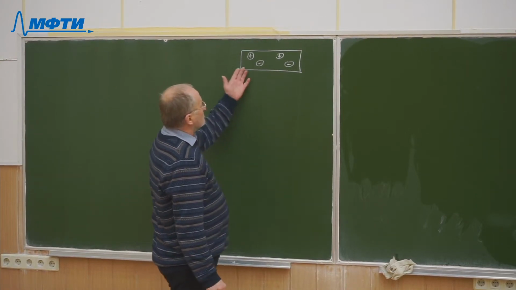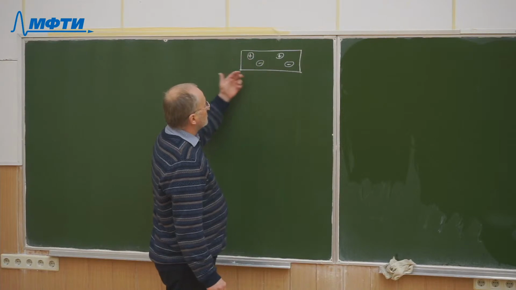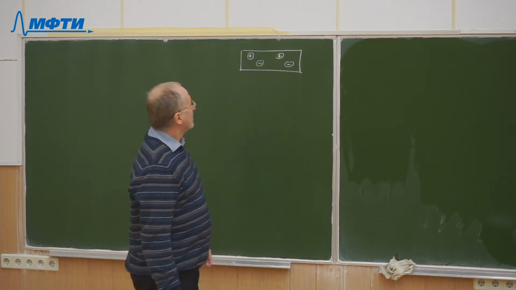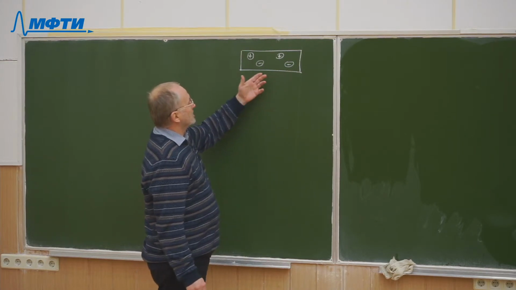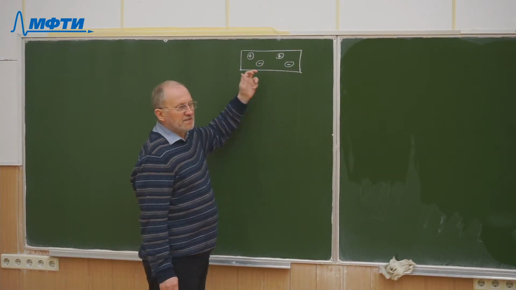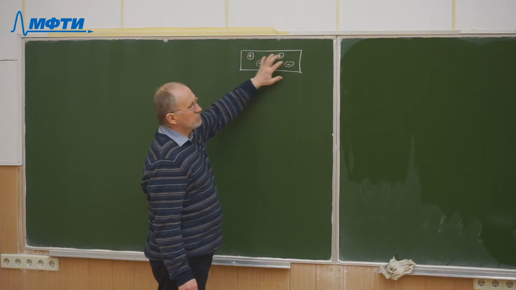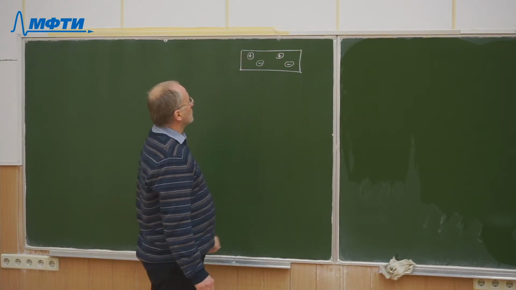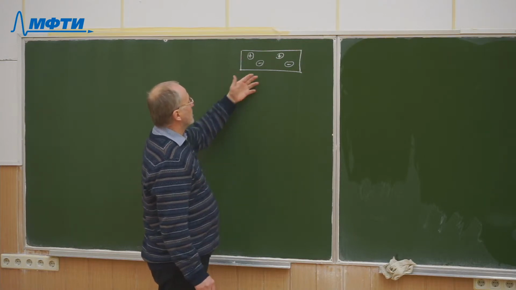If the charges move somehow, if they have directed motion, then this is not the state of static equilibrium. In static equilibrium, charges don't move, they don't have a certain directed motion.